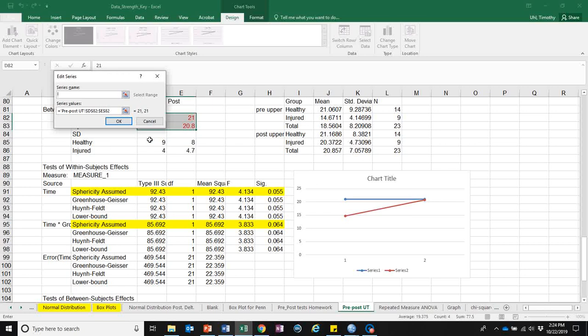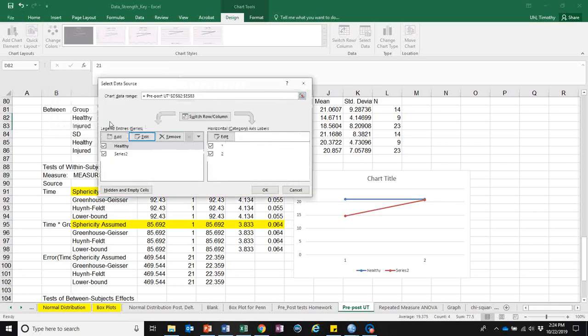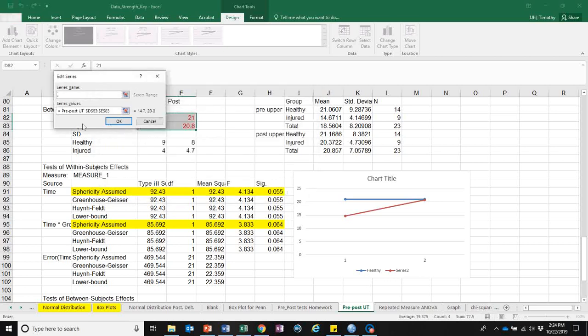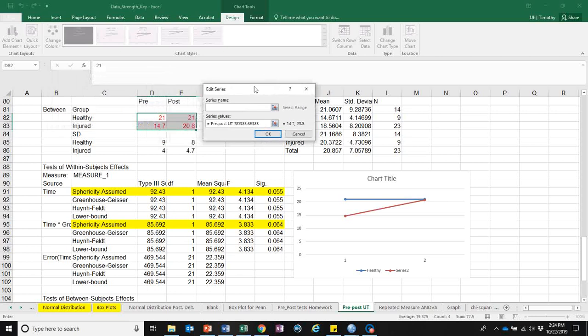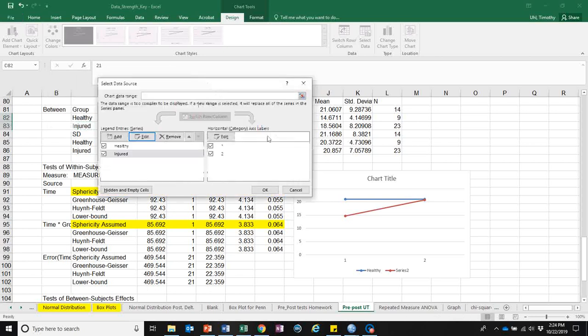So I want to give it a heading. I can go healthy, hit OK. Now it's called healthy. My red series, I can click here. Now I can type that, but say I have a long heading. I can just highlight the cell that the word is, and it gives me exactly the same information. So there's my basic line graph.